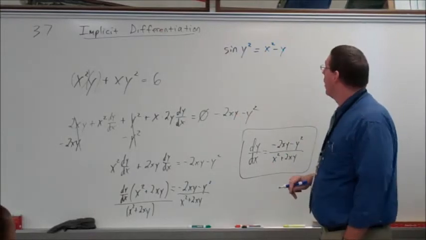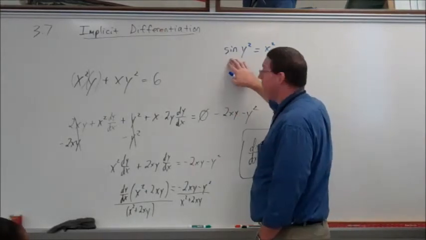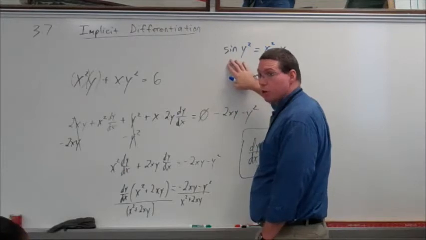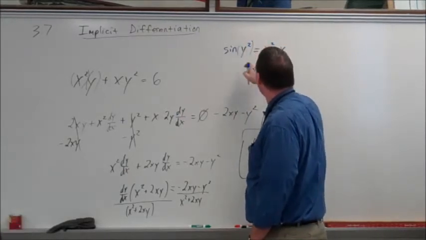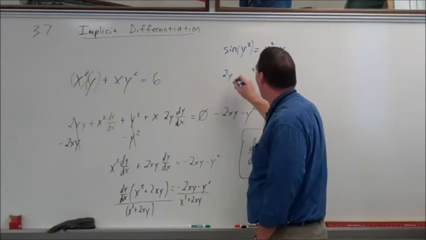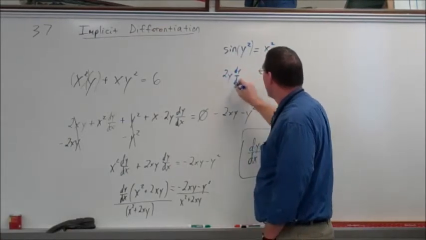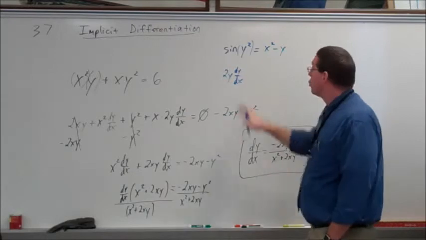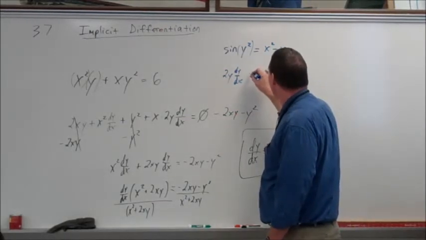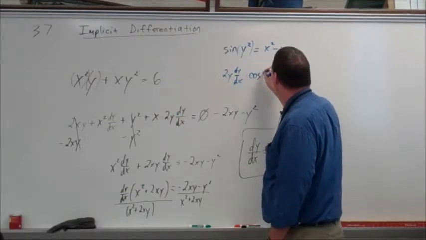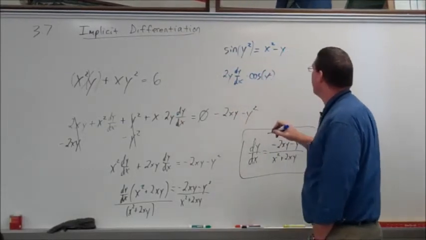I'm going to do the derivative of this, which requires the chain rule. This is y squared. Derivative of the inside is 2y dy/dx. Derivative of the outside is cosine of y squared.